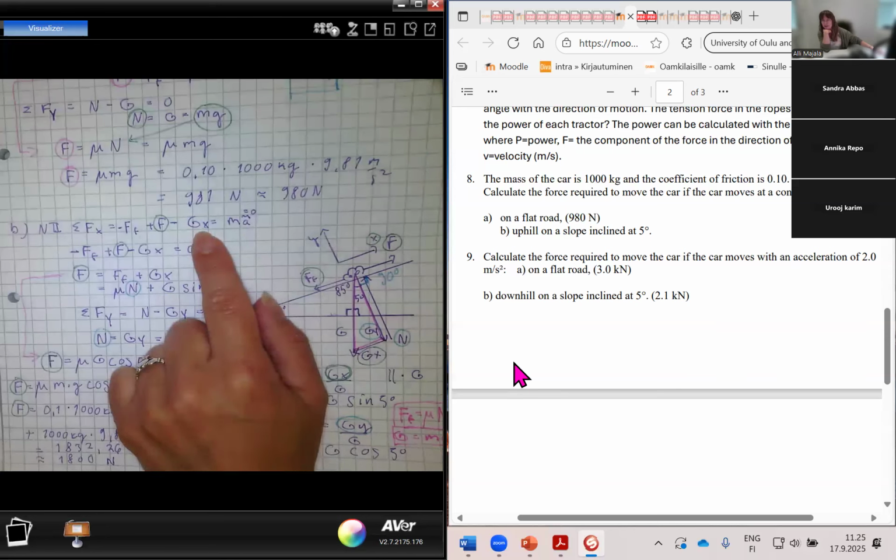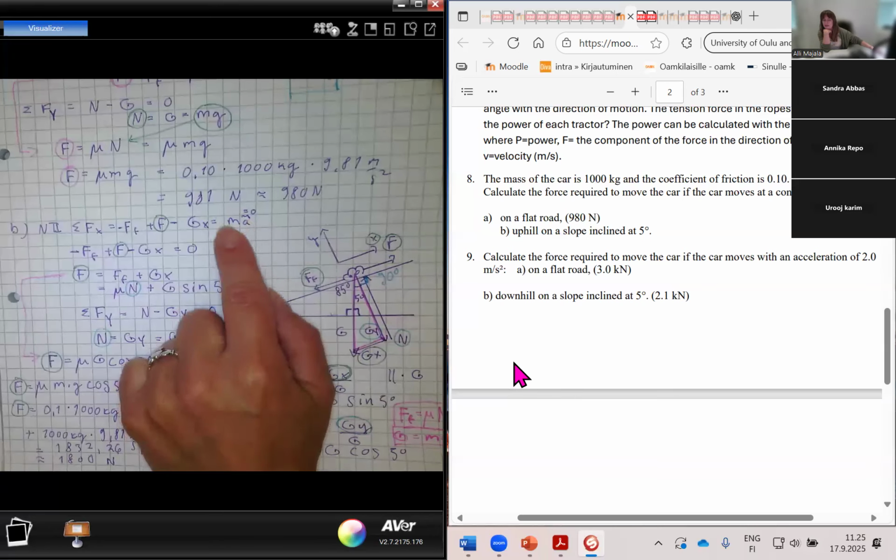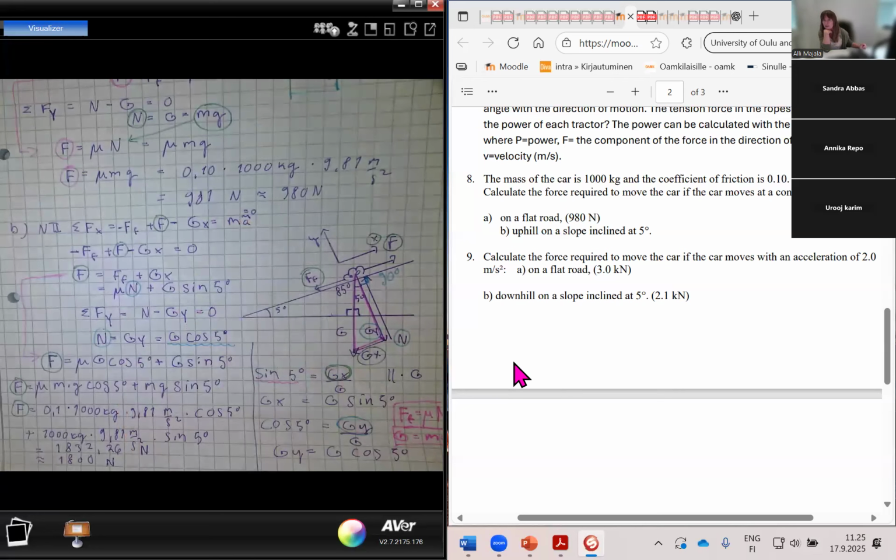You need less engine power. And then also you're accelerating now, so you need this term there as well. It's not 0. Otherwise, it's the same.